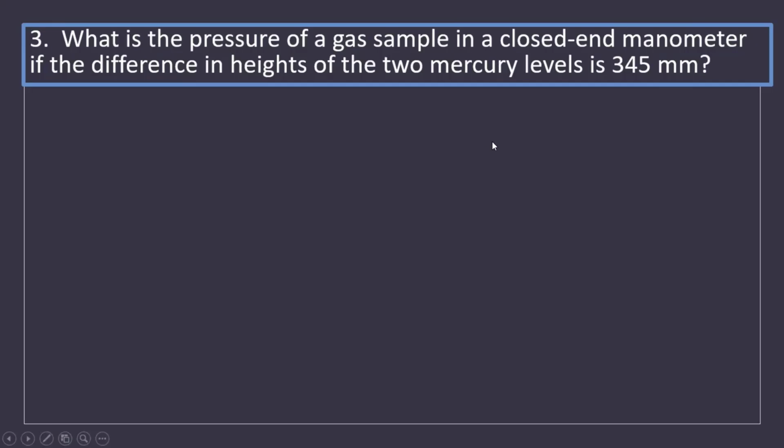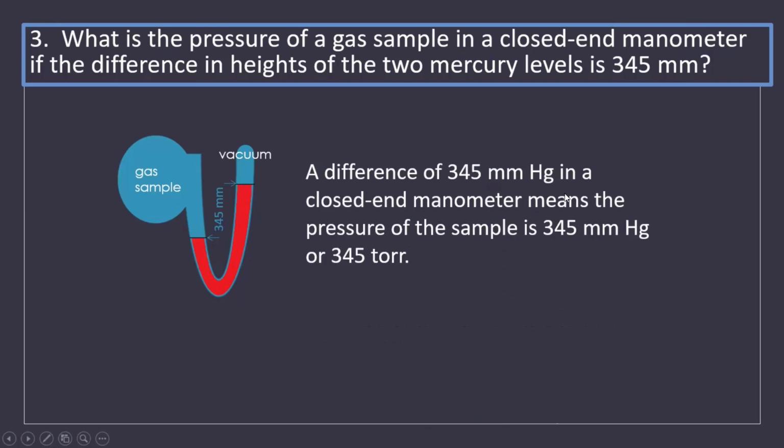Here the difference in heights between here and here is 345 millimeters, and that means the answer is 345 millimeters of mercury, or 345 torr. Closed-end manometer problems are really easy to do.